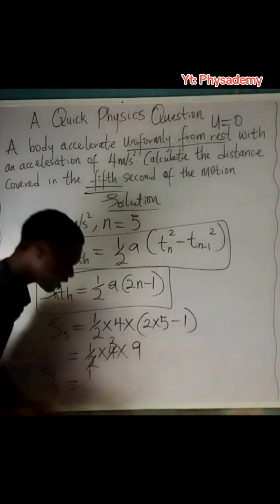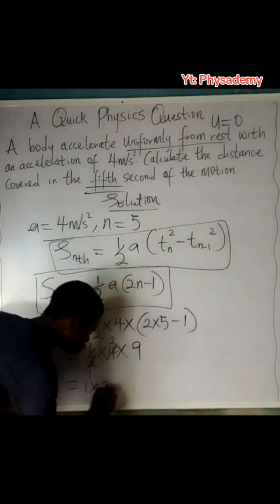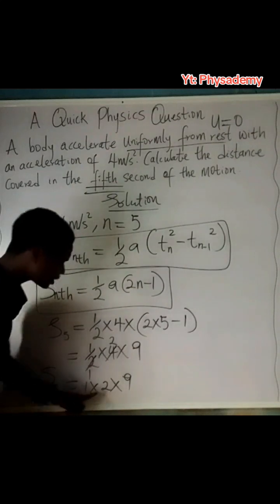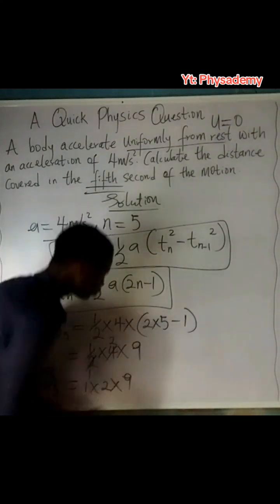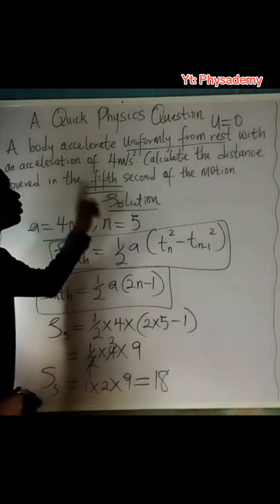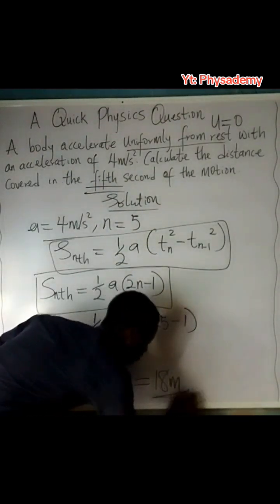So you have 1 times this 1 times 2 times 9. Now if you do that, 1 times 2 is 2, times 9 will give us 18. So the distance that is covered in the 5th second for this very motion is 18 meters.